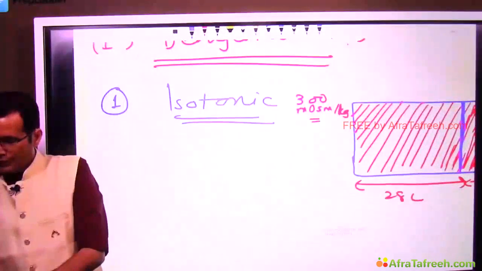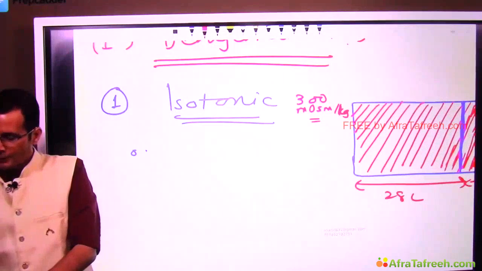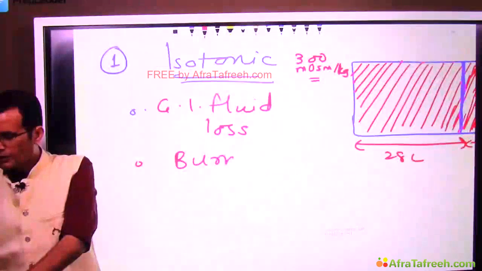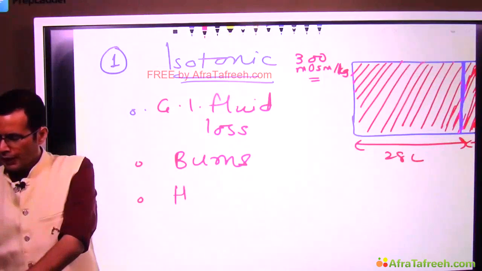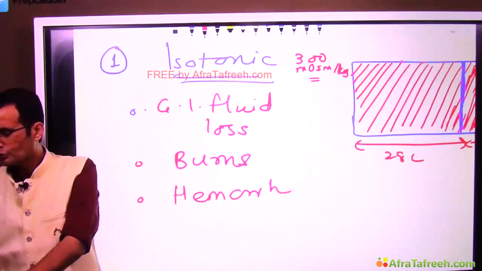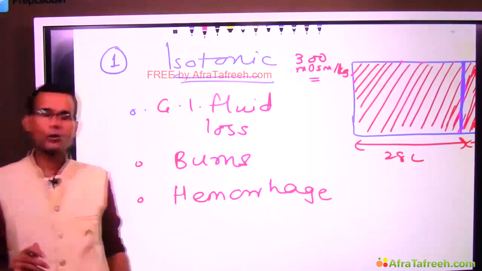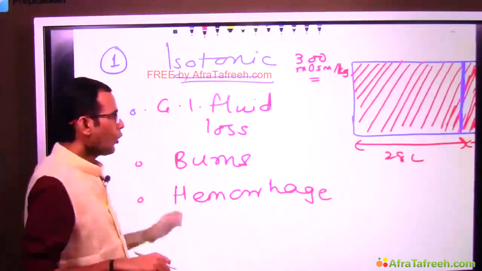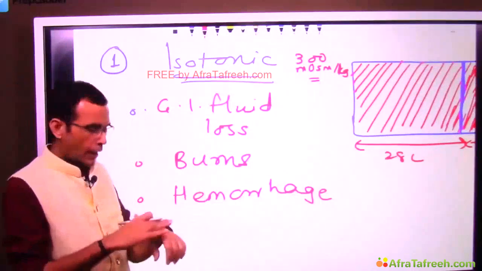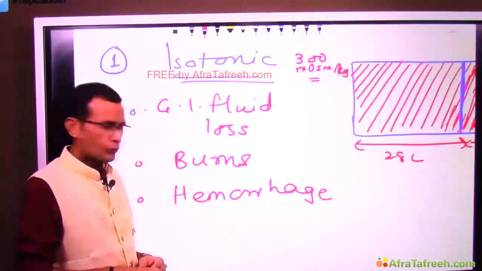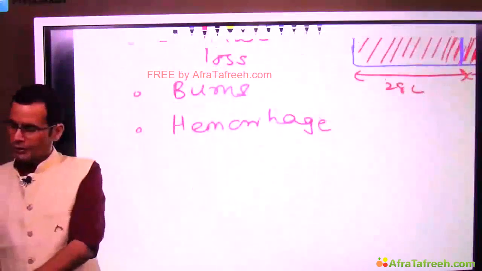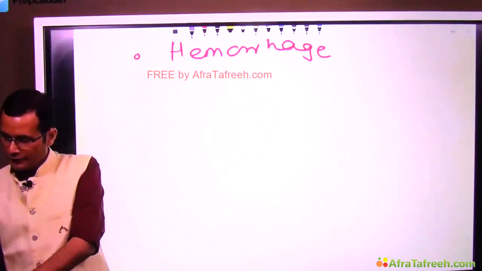So when does this happen? This happens in GI fluid loss, burns, hemorrhage. In burns also, it is said that there is a loss of fluid and sodium into the so-called third space, or as the skin is denuded, there is loss of water and loss of salt in equal measure. That was isotonic dehydration.